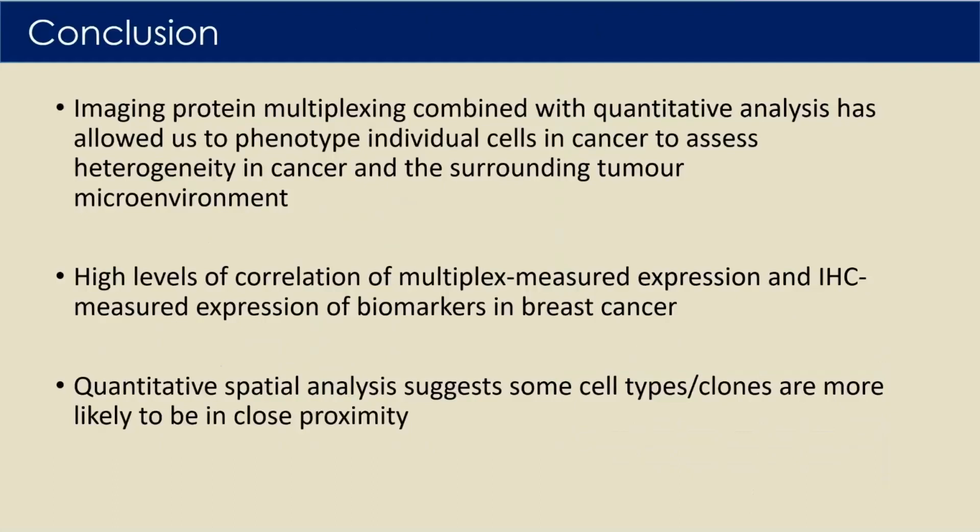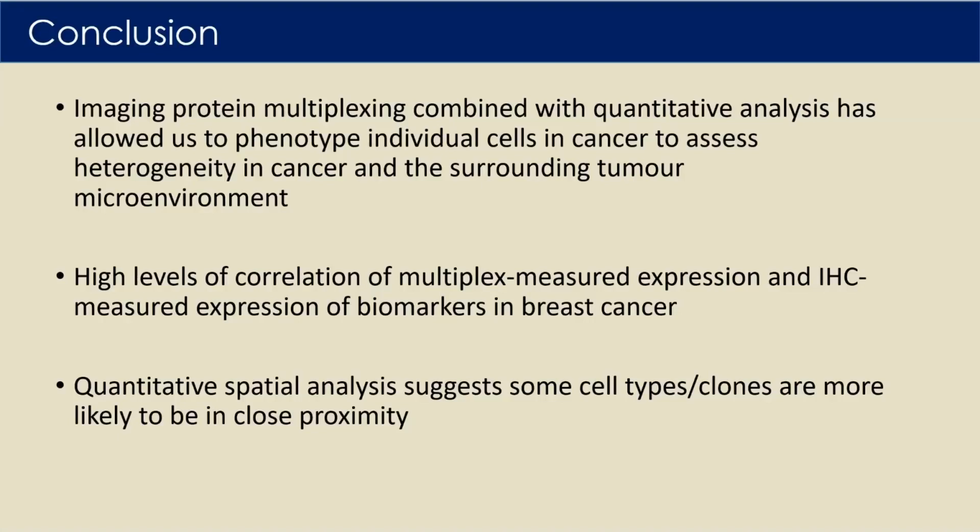In conclusion, we have used imaging protein multiplexing combined with quantitative analysis to phenotype individual cells in cancer and to also evaluate heterogeneity in both cancer and the surrounding tumor microenvironment. High levels of correlation of multiplex measured expression and IHC measured expression of biomarkers in breast cancers were detected, suggesting the translatability of this kind of analysis to the clinical setting.